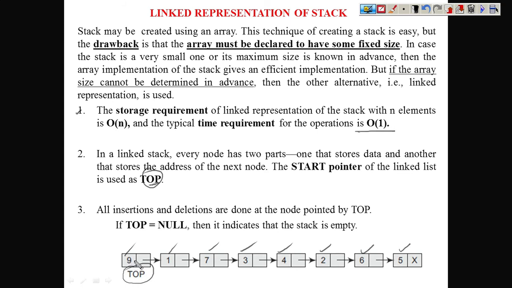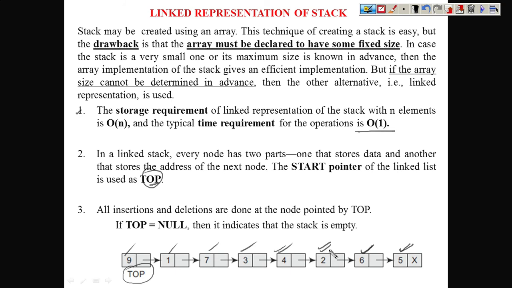Now one thing you have observed, when I have shown that you insert 5, then 6, then 2, then 4, what we are actually doing is inserting a node at the beginning. That means out of all the operations that we have discussed in the previous lectures, when we work with the linked list, we have the option to insert a node at the beginning, at the last, or somewhere in the middle.